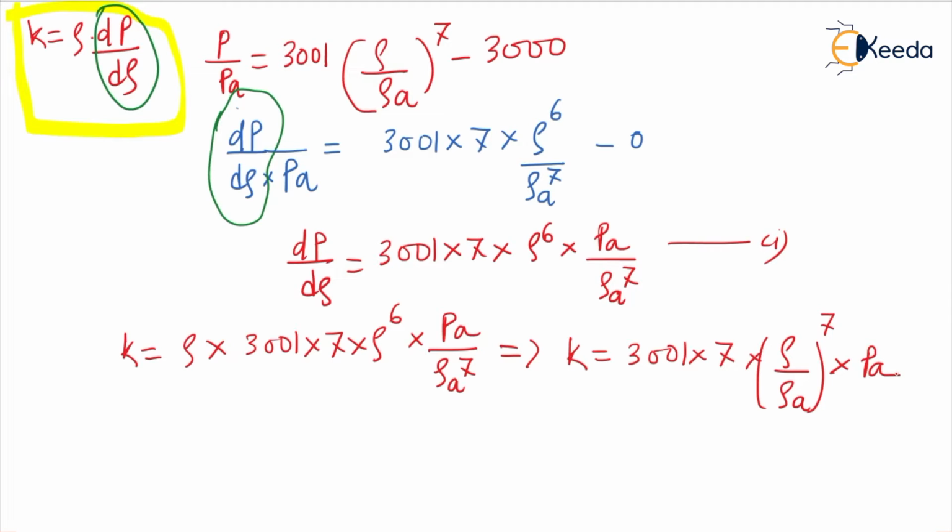Now we will calculate the value of K based on this equation, but we have to find out the value of (rho upon rho A) to the power 7. How can we get this value? We can get it from our equation.